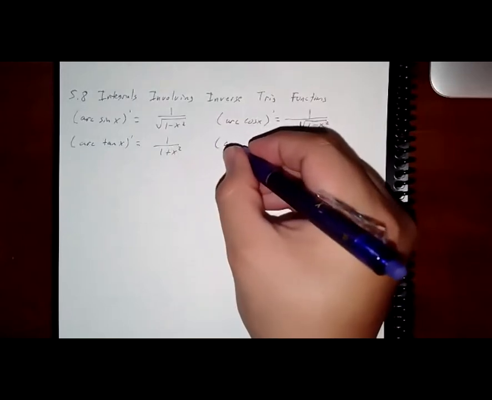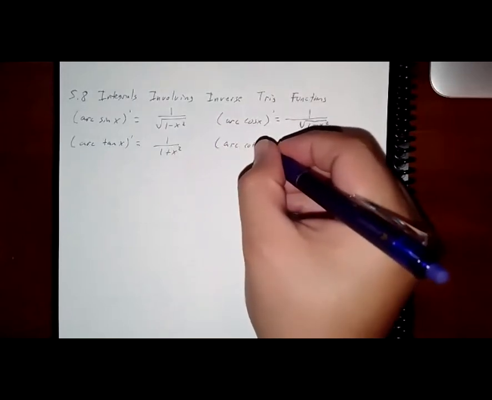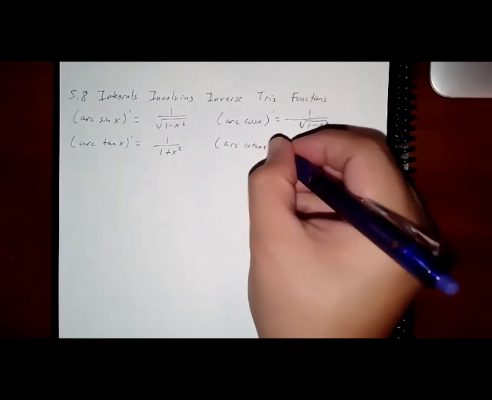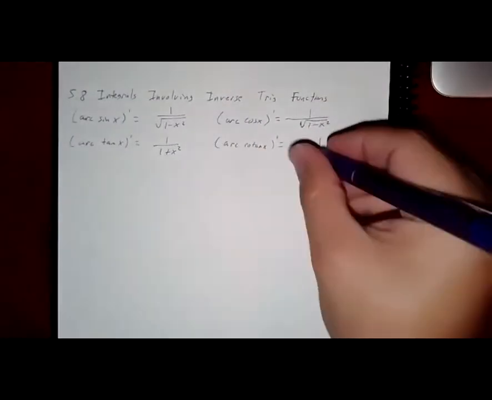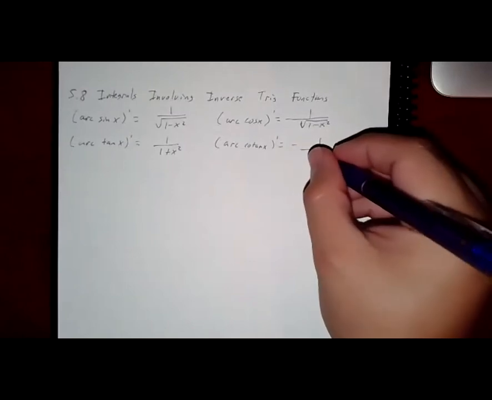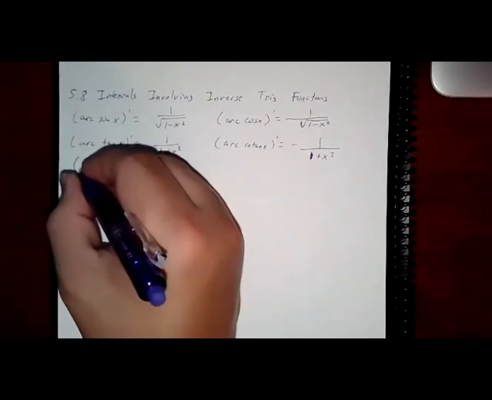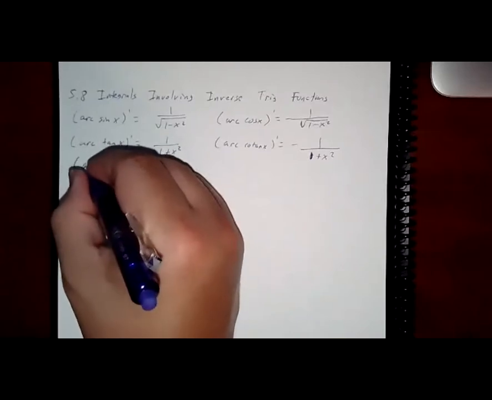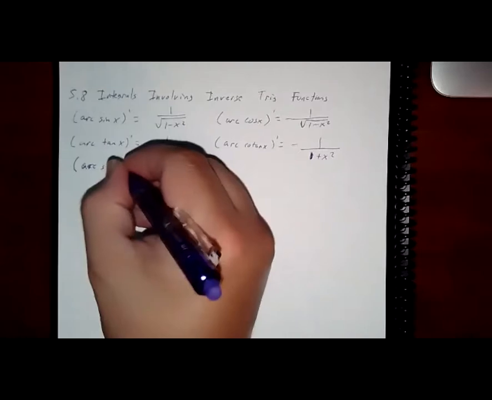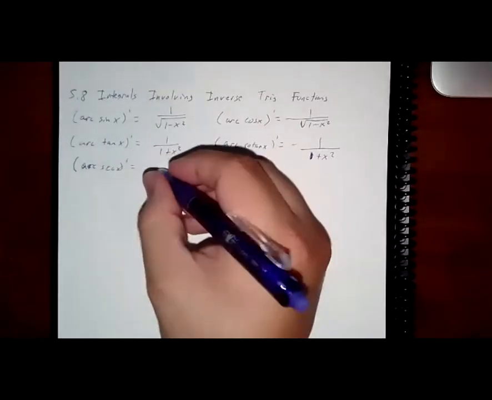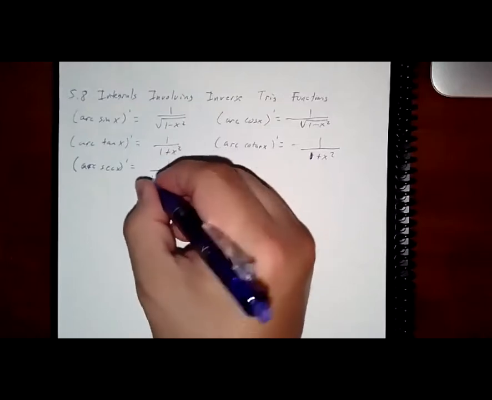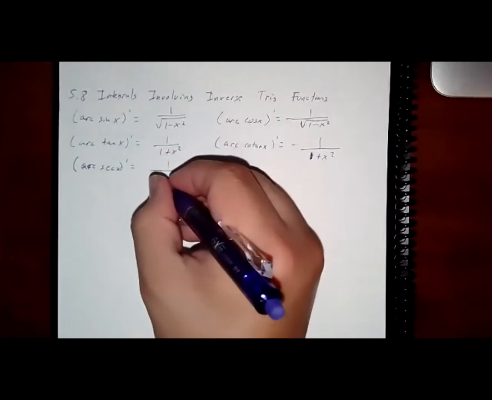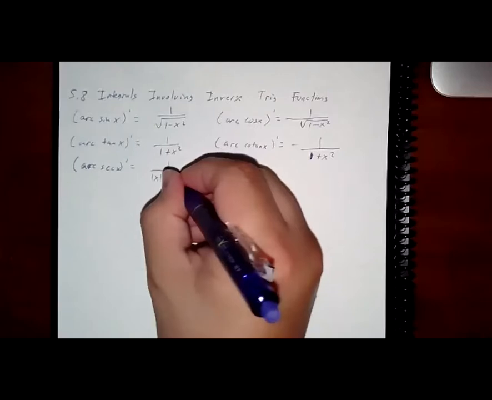Derivative of arc cotangent, the same deal but with a minus. All right. Derivative of arc secant is going to be 1 over the absolute value of x times the square root of x squared minus 1.